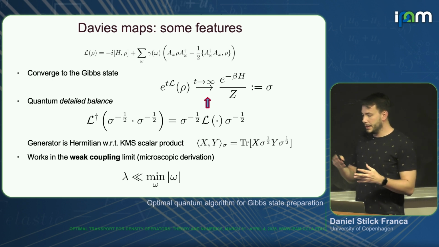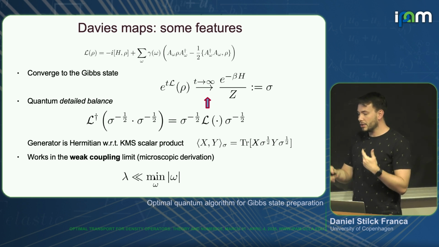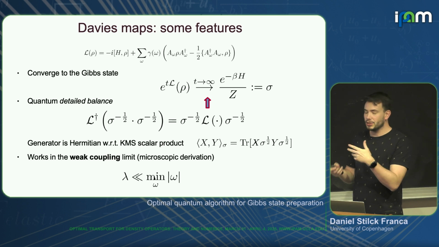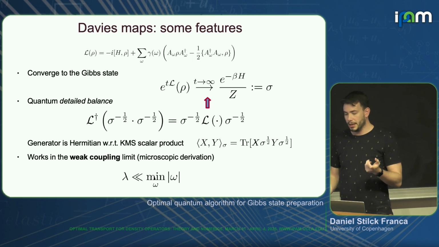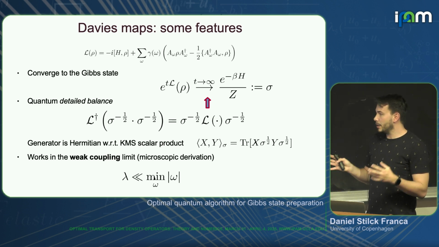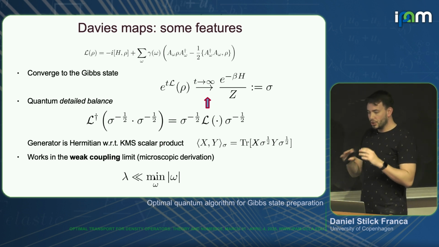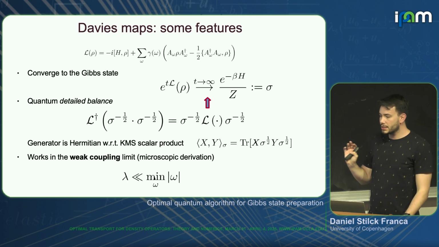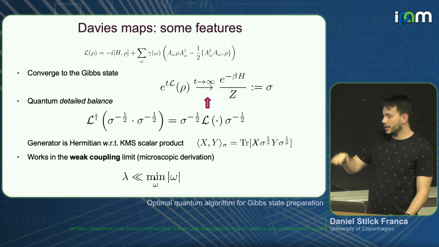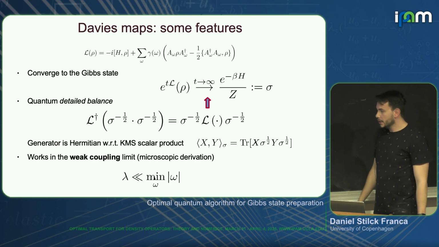Many classical Markov chain algorithms, let's say Metropolis or Glauber dynamics, satisfy a property called detailed balance, which essentially says that the transition matrix of this Markov chain is self-adjoint if you pick the scalar product to be weighted by the probability distribution.